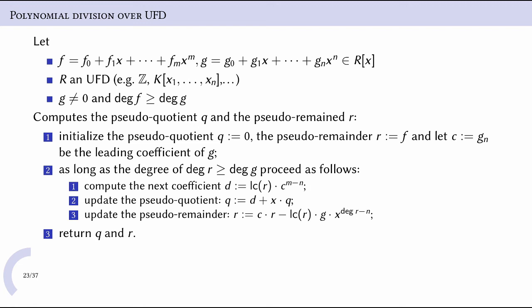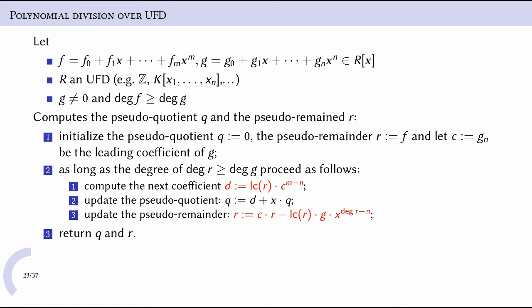So the only differences between the algorithm we discussed before and this algorithm are in the multiplications. So the way we compute the next coefficient is that we no longer divide. We don't divide it by c.